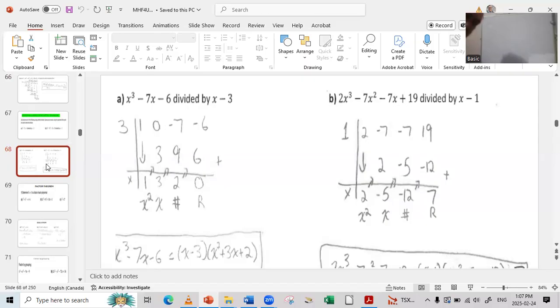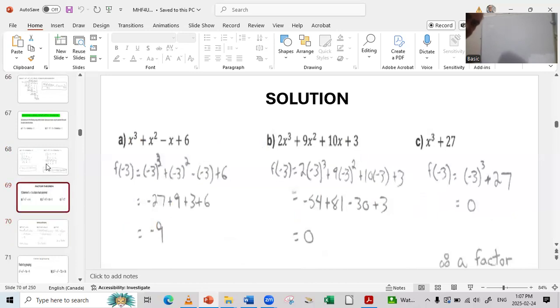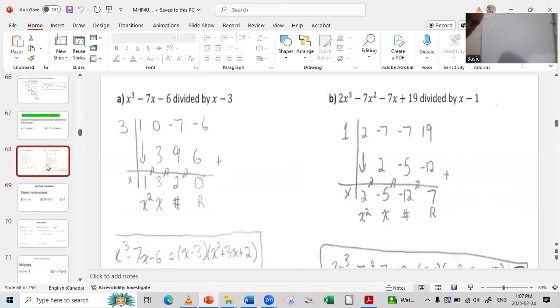So here we have x squared minus 7x minus 6. There was a better one than this one, an all-inclusive one. However, we will work on this one, no problem. We'll take 2x cubed.